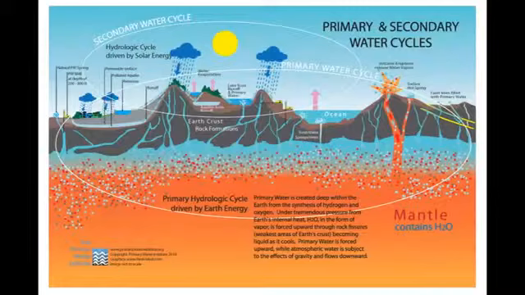Well, the primary water cycle expresses specifically that all water originates in the mantle in the first place. That is the water cycle that existed even before there was an atmosphere, even before water could be precipitated from the atmosphere, because we didn't have any atmosphere. All this water has originated from down below, and it still does.